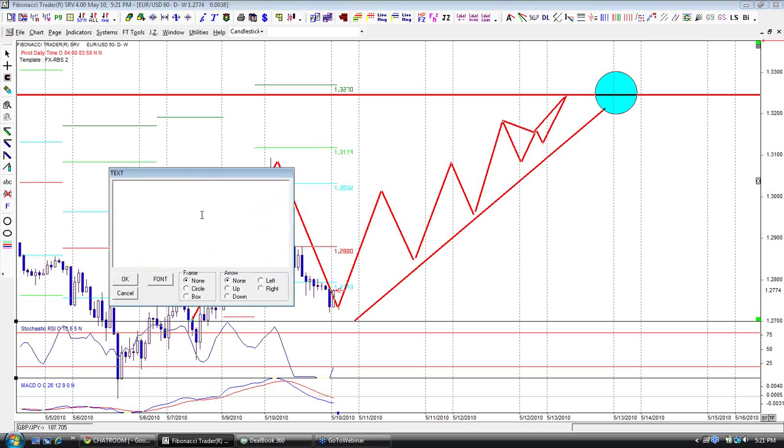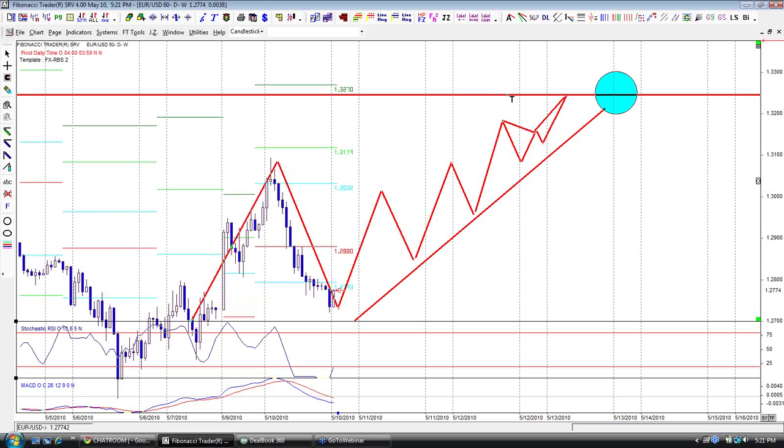This is a bearish butterfly. Now, if the market gives me a bearish butterfly at a level that I believe from a higher time frame is a reversal level, this is a very high probability trade.